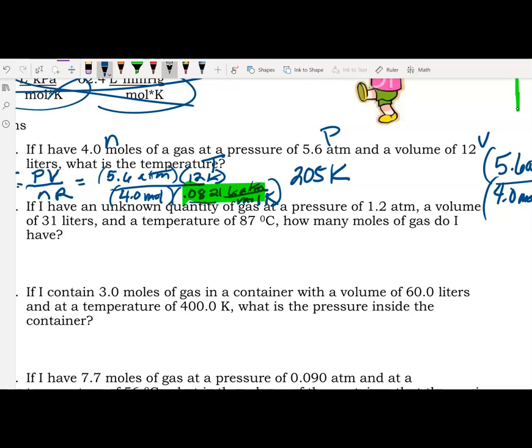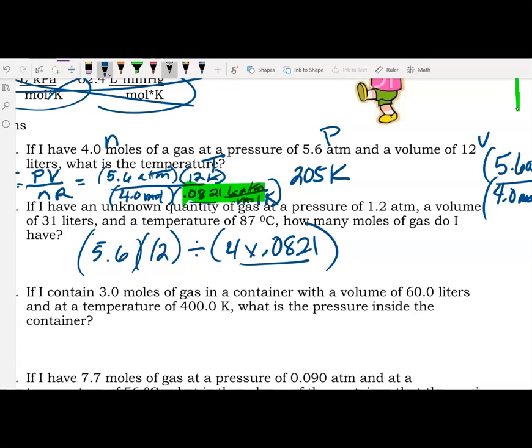How did you put it into a calculator? 5.6 times 12 divided by 4 times 0.0821. Did you use parentheses? That's the problem.